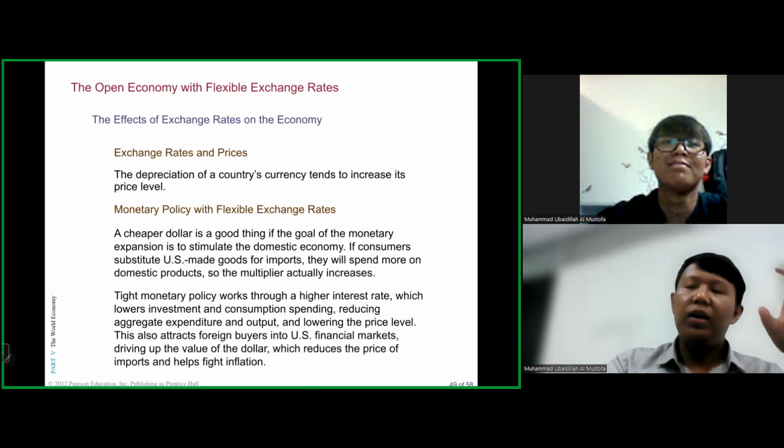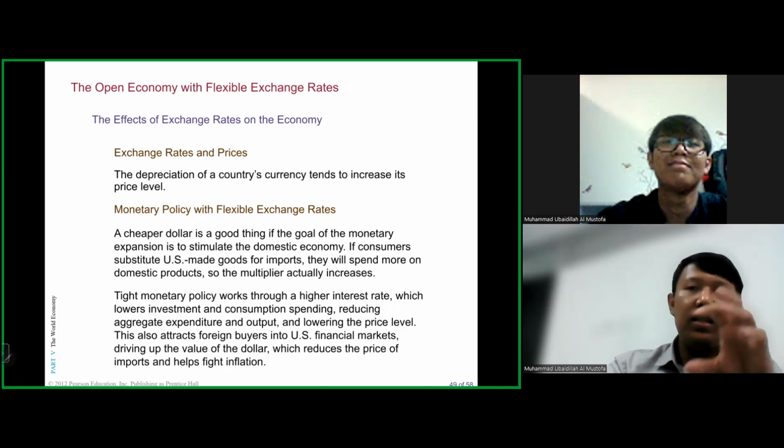There is a different focus in each monetary policy, but tight monetary policy, by imposing a higher interest rate, will make consumption and investment become low, because everybody will put their money in the bank, and at the same time it will attract foreign investors to invest in the country because it provides a higher return in interest rate.